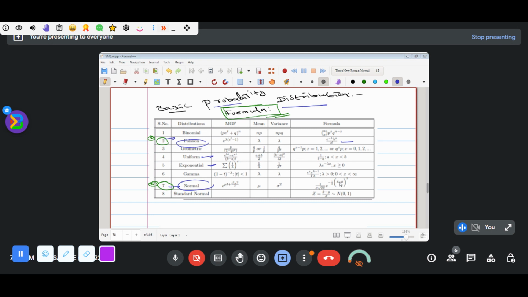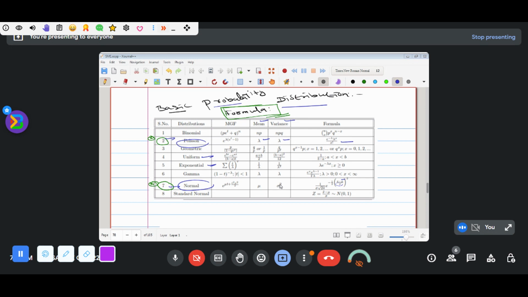Here we know mean and variance, which I already discussed. In Poisson, lambda is the mean and the variance is also lambda. In normal, mu is the mean and sigma squared is the variance. This is the basic idea.